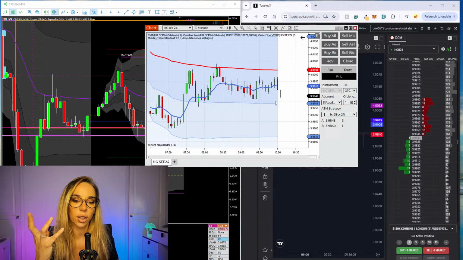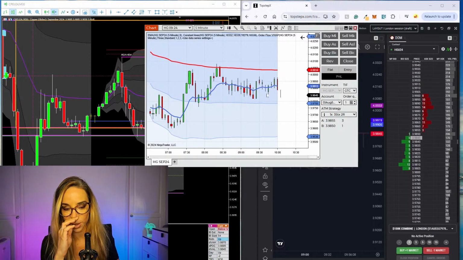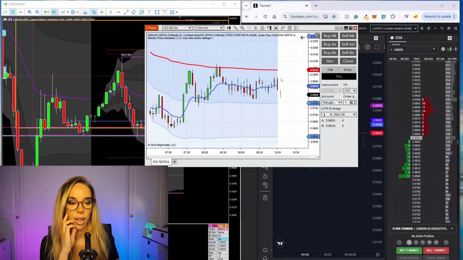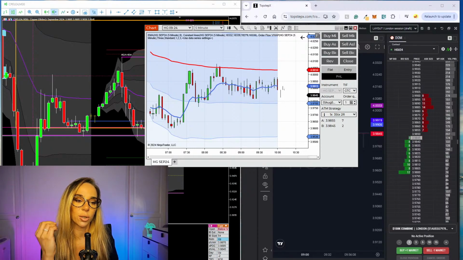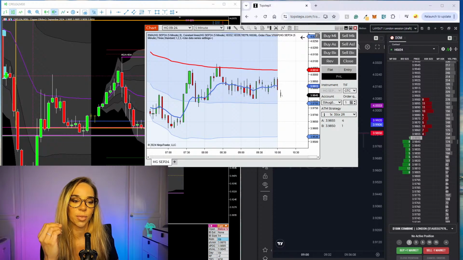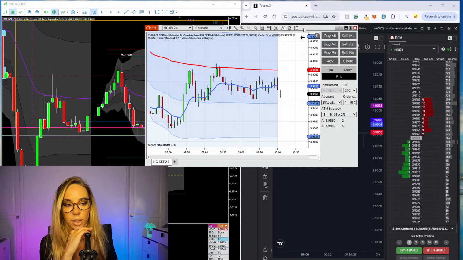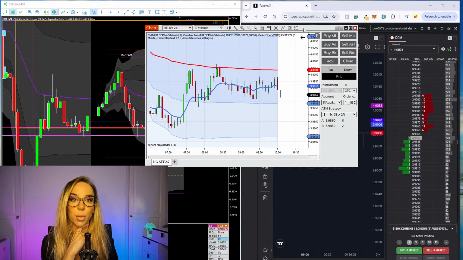But we still don't have that commitment in volume, which is another reason why I'm staying out. It's just going to chop around, doing absolutely nothing. And until I get that committed volume movement that increases the thickness of these equivolume candles, I don't want to get involved, especially not if it's a momentum trade.